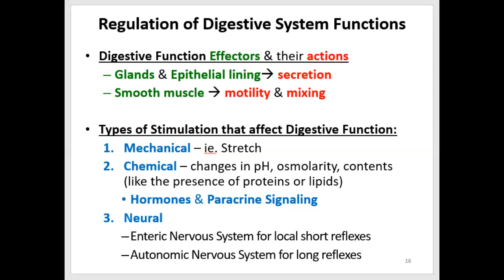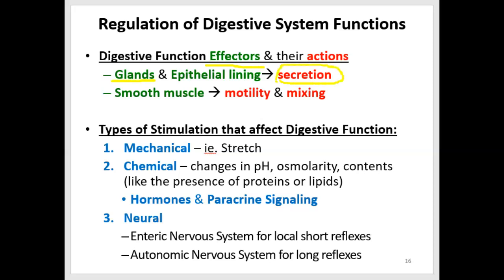Not really controlled by much other than the presence or absence of chemicals. But the digestive effectors that we're most interested in here in terms of digestive function include glands, mainly composed of epithelial tissue that can secrete something.